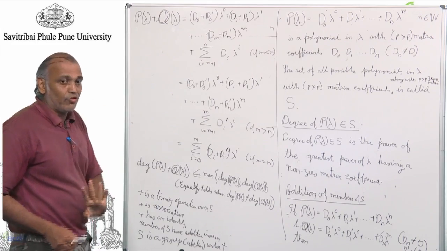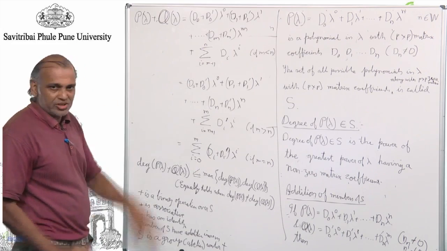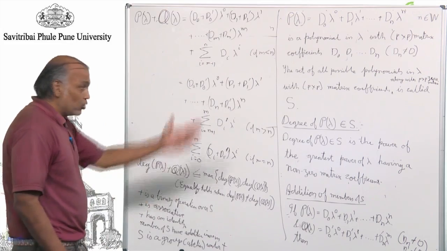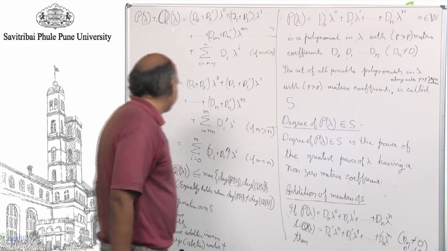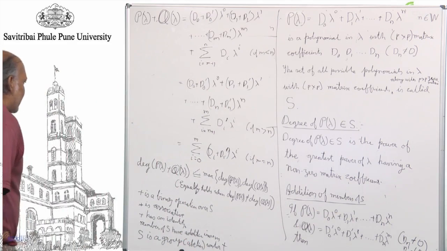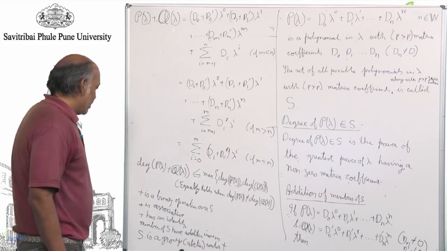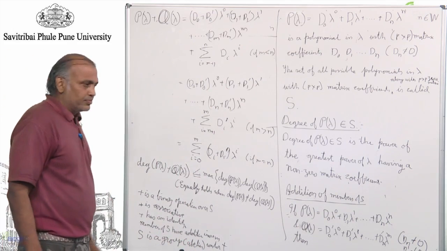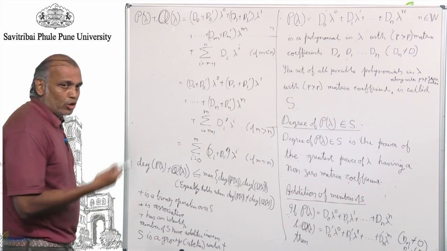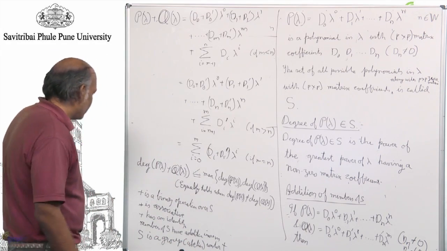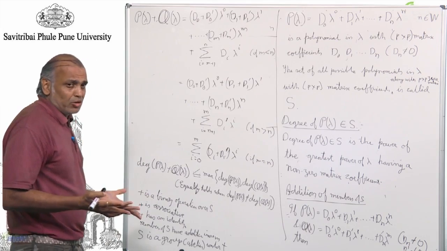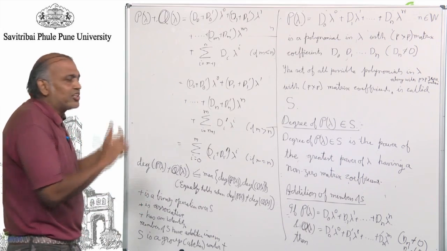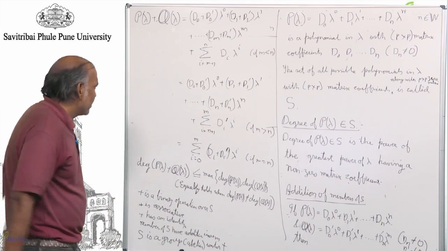Both would be the same for all p of lambda, q of lambda belonging to this set S. That includes 0 incidentally. So such groups are said to be abelian. Again, very similar to polynomials which you handled before. So you say, what's the big deal about this? We already know you simply have matrix coefficients, everything goes through.